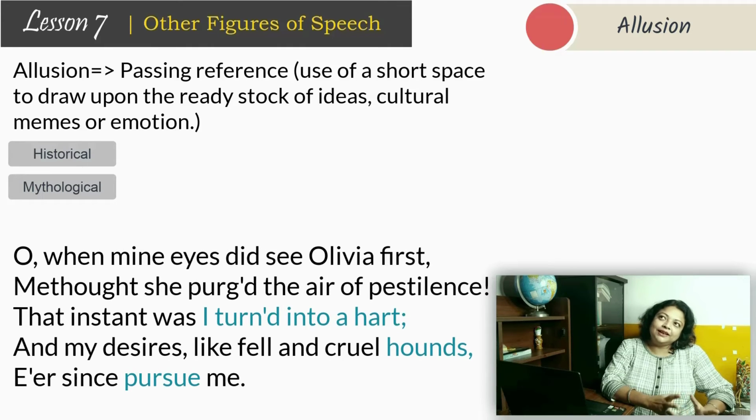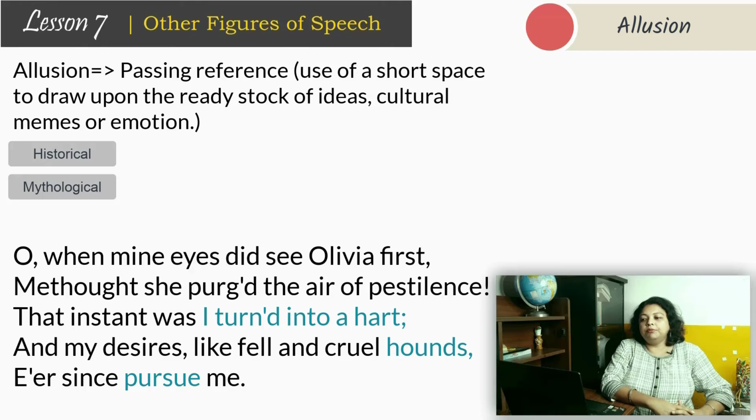Okay, so then you had to look up what Diana and Actaeon was all about. So there Shakespeare was asking you to look up a story because, well, you didn't know about it. But if you were a reader who already knew about Greek mythologies, then you would immediately understand the whole context.